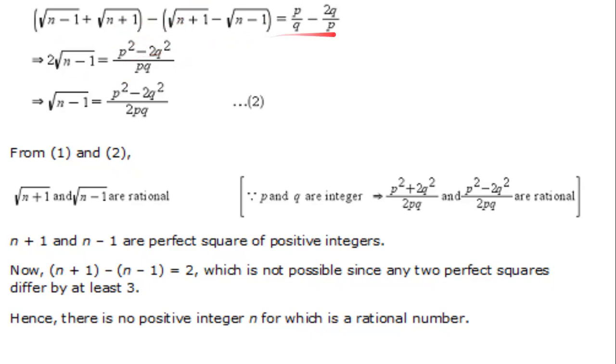And on the right hand side again you can take LCM pq there, and this will be equal to p square minus 2q square upon pq, and this 2 will come on this side.